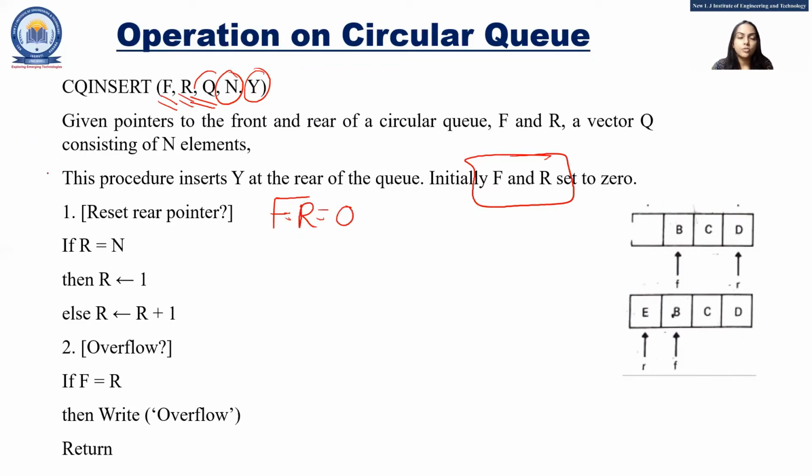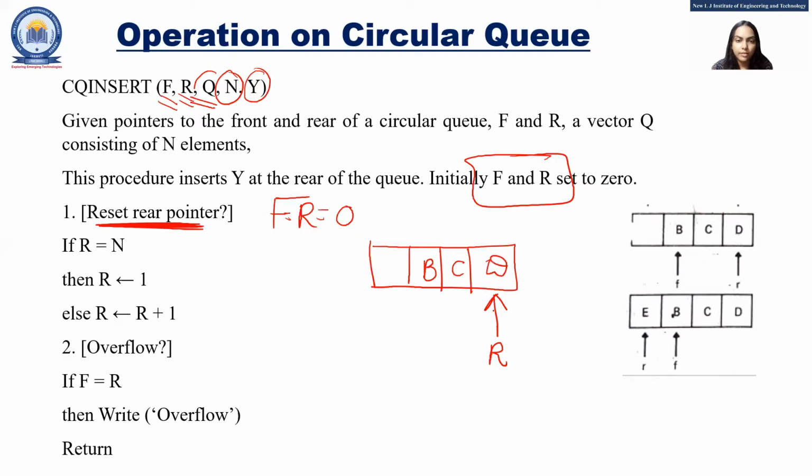Now we need to see, students, do we need to reset rear pointer? Right now, this is a situation where we have space, but currently rear pointer is at the end. So this is the situation similar to this. So here it is B, C, D, right? So here we have front and we have rear, right? So do we need to reset rear pointer? We have to reset rear pointer if it is pointing at n.